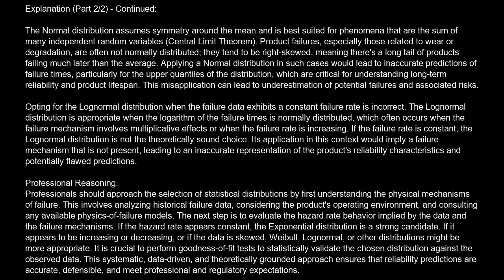If it appears to be increasing or decreasing, or if the data is skewed, Weibull, log-normal, or other distributions might be more appropriate. It is crucial to perform goodness of fit tests to statistically validate the chosen distribution against the observed data. This systematic, data-driven, and theoretically grounded approach ensures that reliability predictions are accurate, defensible, and meet professional and regulatory expectations.